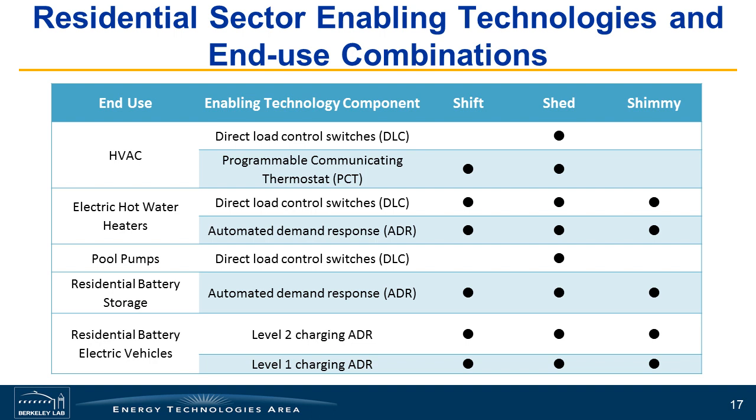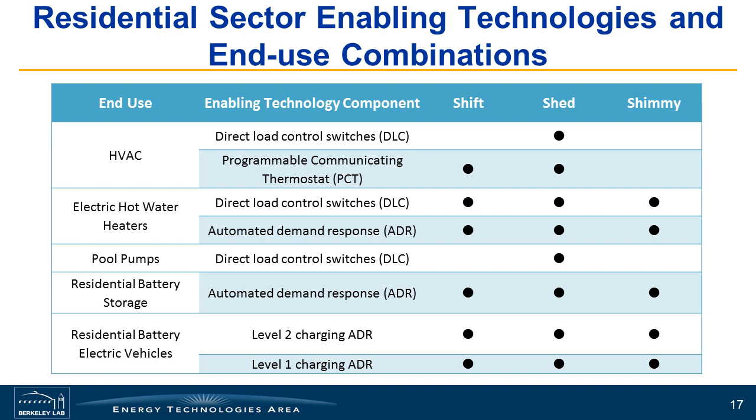Some of them have been built out to truly focus on peak capacity shed type resources, and you can see that here in the residential sector where all of the technologies can shed. And this is a result of our industry having focused on shed for a very long time, and there's value in that. I'm not dismissing that, but it does show that we have advanced enabling technologies that can do more than just shed load.